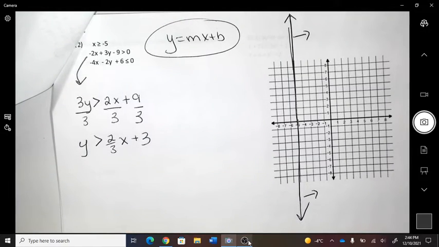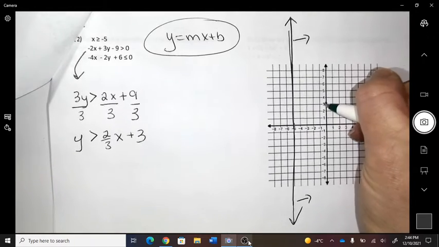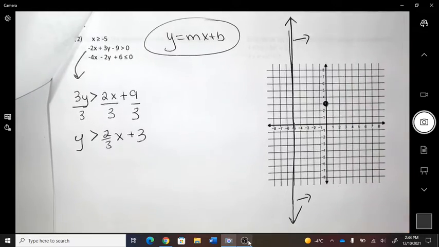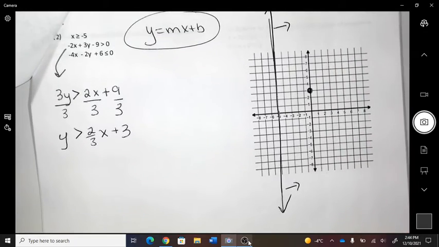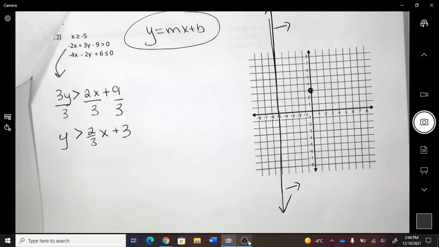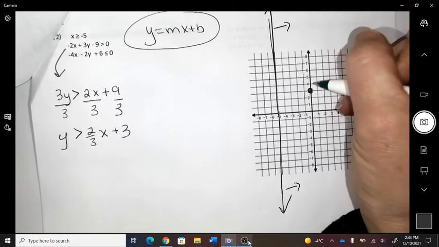Okay, so I'm ready to graph it now. So I'm going to start at a y-intercept of 3. I'm going to go up 2, right 3.